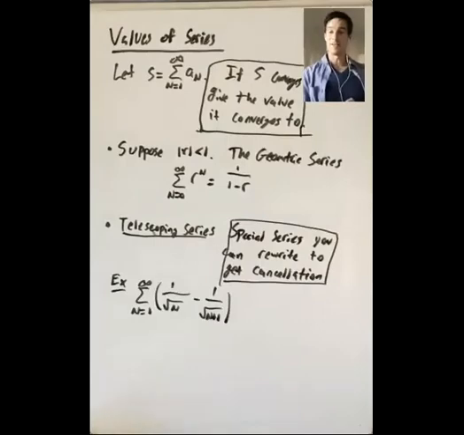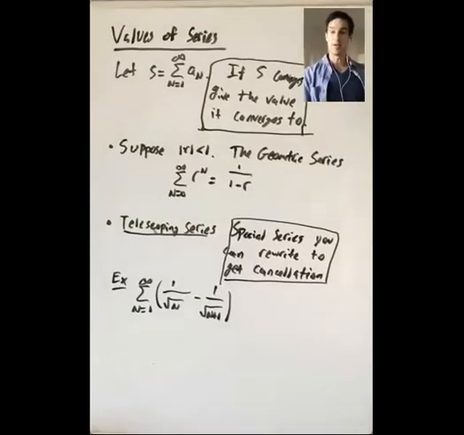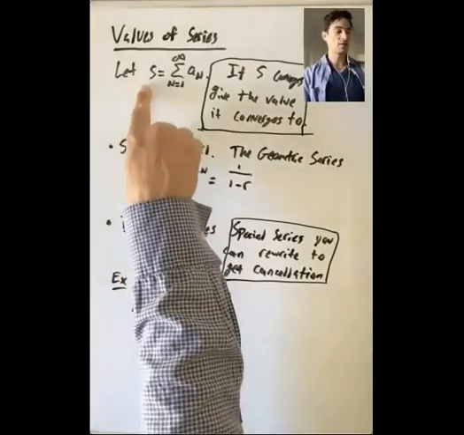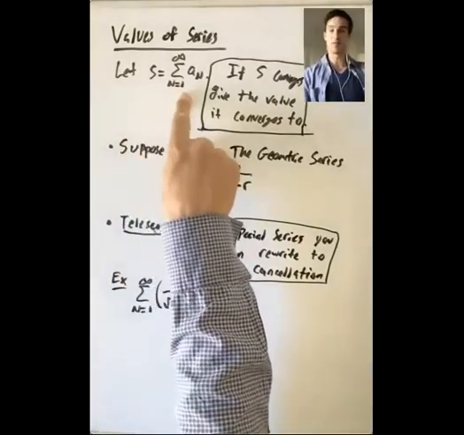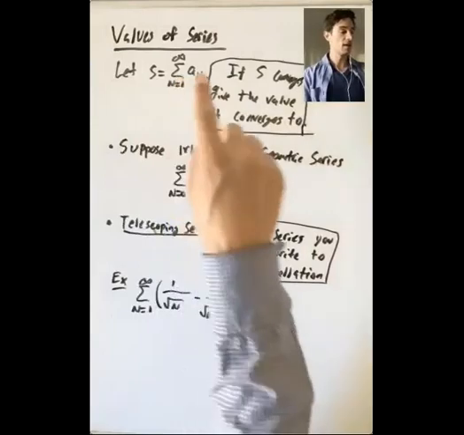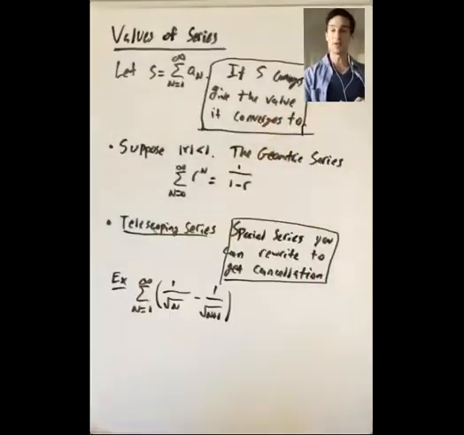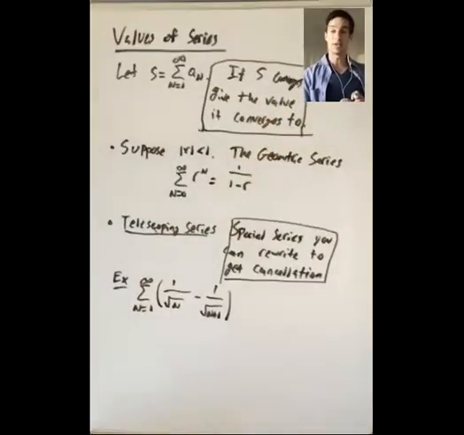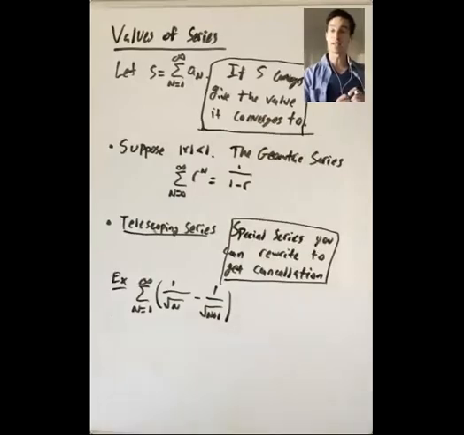All right, so in the last part of this video, I just want to talk about values of series. So maybe you're asked, here's a series, S is the sum from n equals 1 to infinity of a_n, and you're told if S converges, give the value it converges to. So it's not enough to say that S converges, we want to say what it converges to.